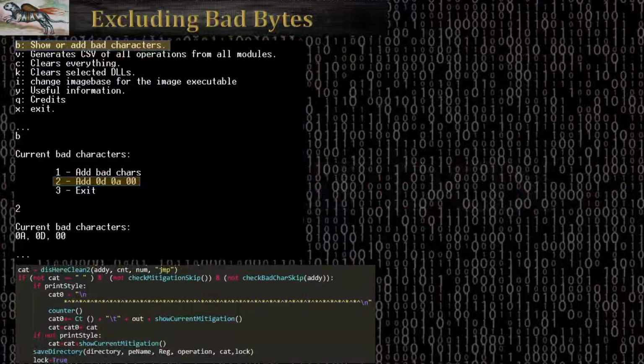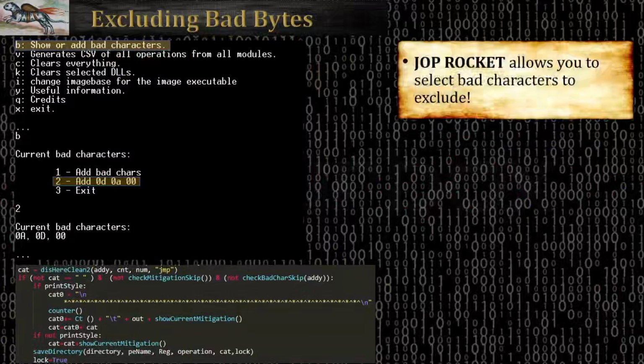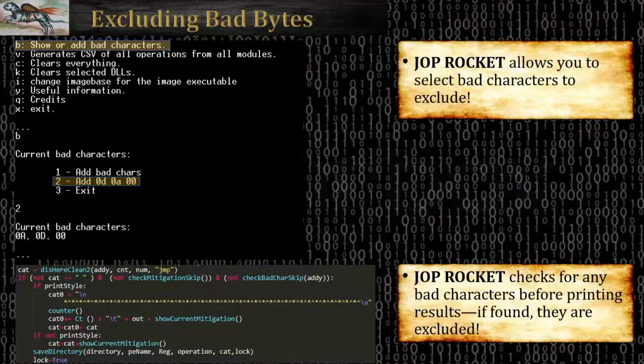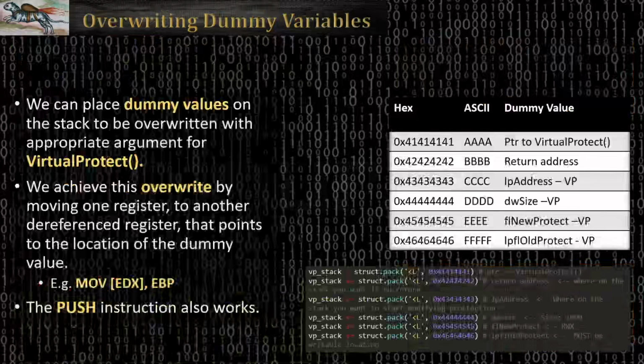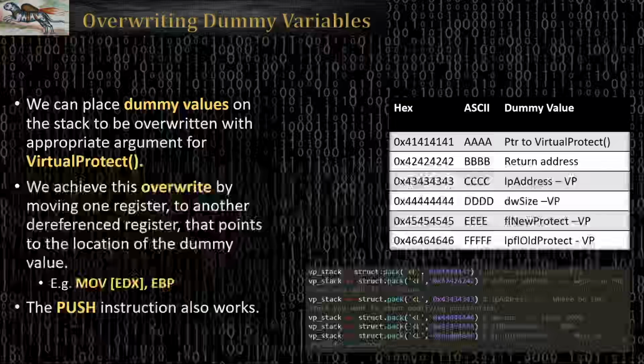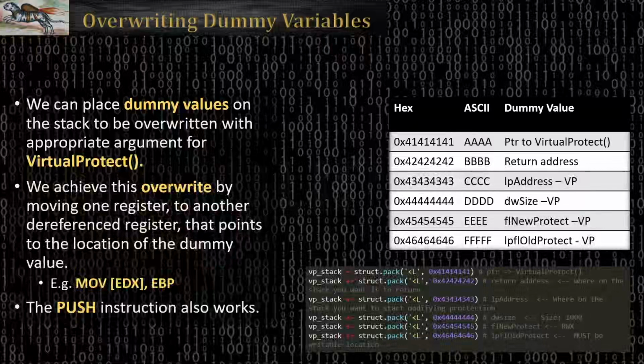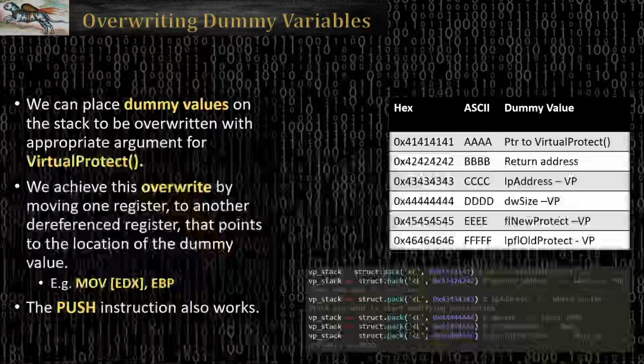JOP Rocket also gives you the functionality to simply exclude bad bytes. However, I don't recommend this because we can always simply transform the bad bytes with exclusive OR. So if there are bad bytes, you can still do the generated chain. You may simply supply dummy variable values instead, and then you can go and overwrite them.